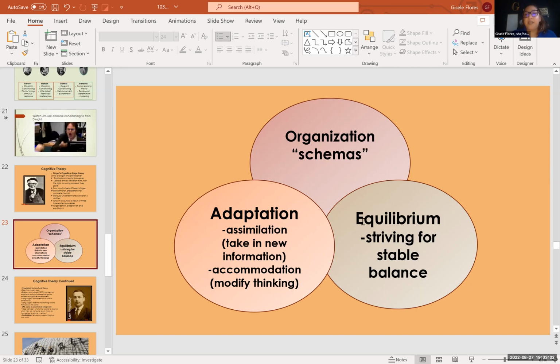And then, because it might be conflicting information with their original understanding of something, they go through this period where they're striving for equilibrium. So they're saying, this doesn't connect. I'm not sure what to do. And so they go through a period of disequilibrium, and then they begin to slowly accommodate or modify their thinking in order to create a new schema or a new understanding. So that's kind of the cycle of understanding that Piaget states.